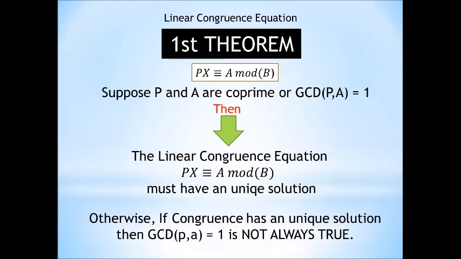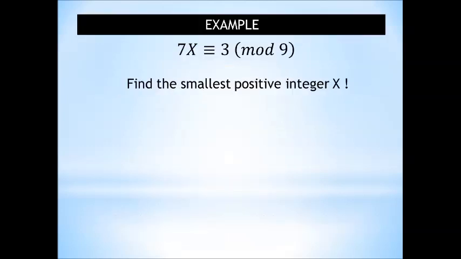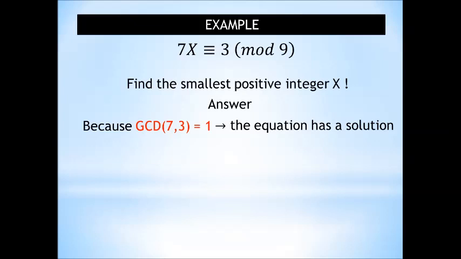Now let's handle some examples. Here we go. Here the equation is 7x ≡ 3 mod 9, and we need to find the smallest positive integer x. Answer: according to the first theorem, the GCD of 7 and 3 is 1, so the equation has a solution.